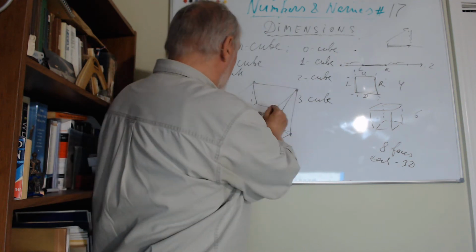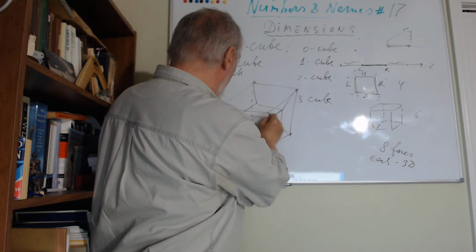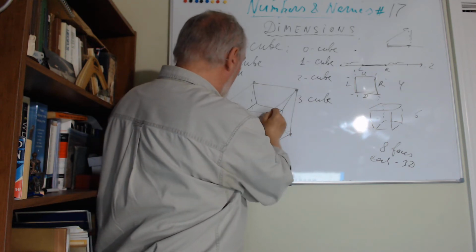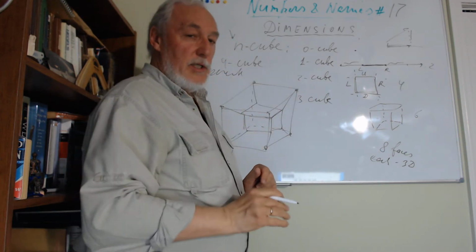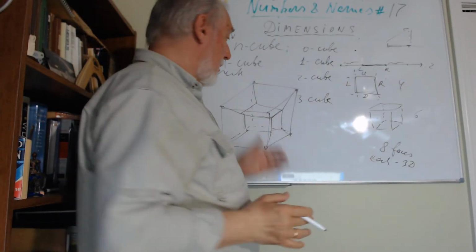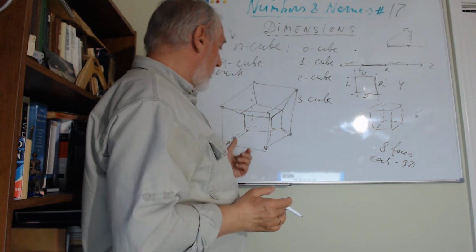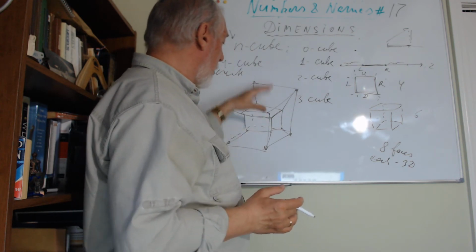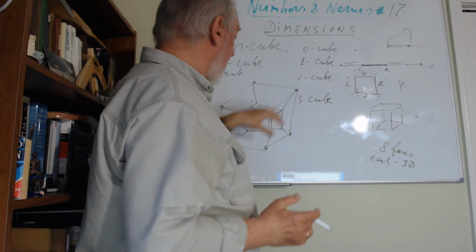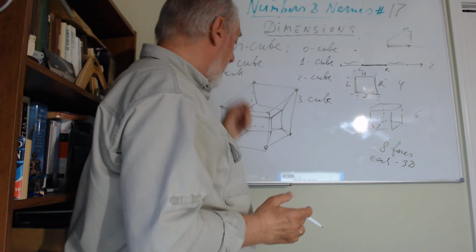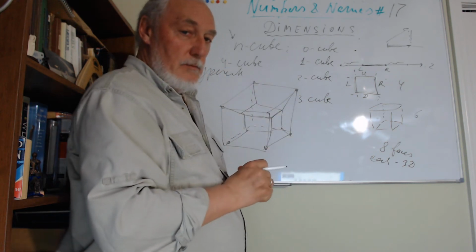But each of these things, for example, 1, 2, 3, 4 here, each of these is a cube. It is just deformed because we project it onto a two-dimensional plane. All these things are cubes: upper, lower, left, right, front, back. All of them are actually cubes.